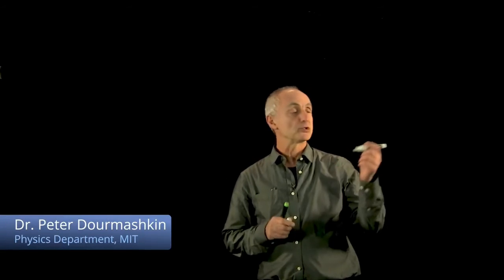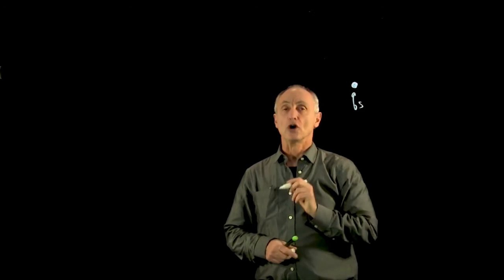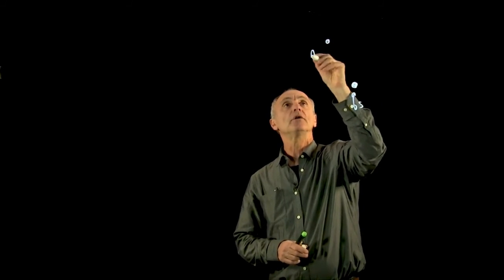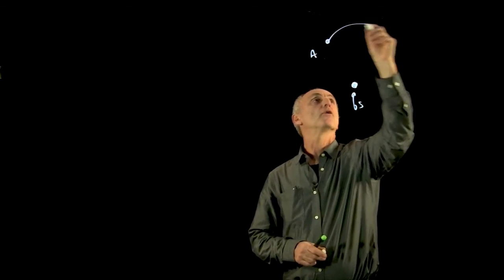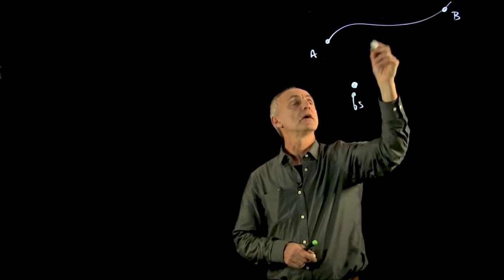We would now like to calculate the electric potential difference between 2 points in space for a simple point charge, QS. Now here, this charge could be positive or negative. And I'm going to consider a path that goes from A to B, 2 points in space.